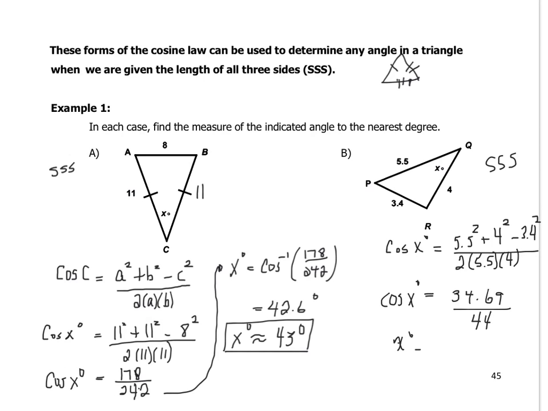So x degrees would equal the inverse cos of 34.69 over 44. And you put that in your calculator, inverse cos of 34.69 divided by 44 is 37.96 degrees, so that rounds off to be about 38 degrees.